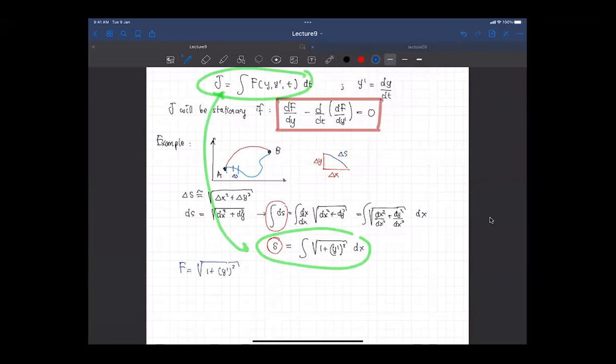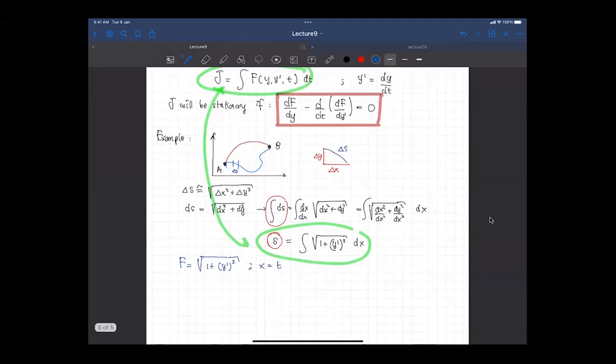That will be F. X will be T. So we have to follow the Euler-Lagrange solution, and we apply that equation there.